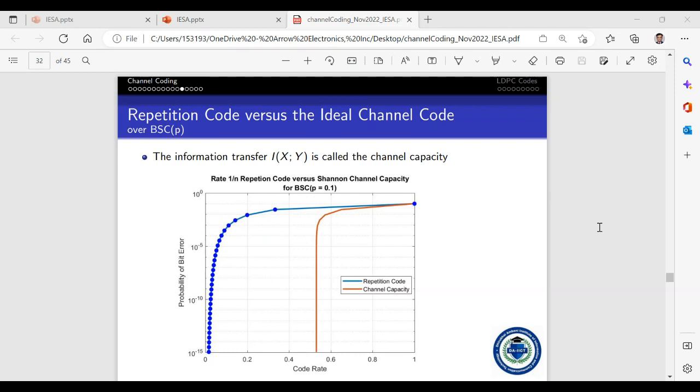The reason is that, as I said, the receiver operates by doing majority voting. Suppose you repeat each bit 2 times, or let's say 4 times, and at the receiver you get 2 zeros and 2 ones. Or if you repeated each bit 6 times and you get 3 zeros and 3 ones, you don't know whether to believe that bit 1 was transmitted or bit 0 was transmitted, because both are equally probable.